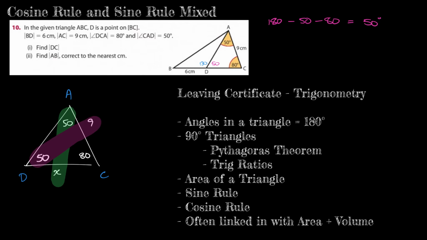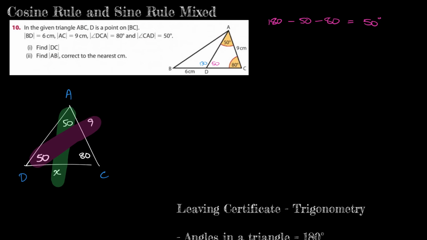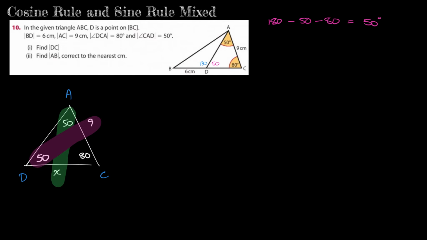And to use the sine rule, I'm going to start off by saying a over sine A is equal to b over sine B. I always keep the unknowns in the first fraction, so I'm going to put x in the first fraction, over sine of A, which is sine of the green one.